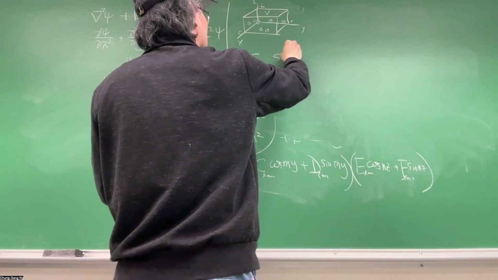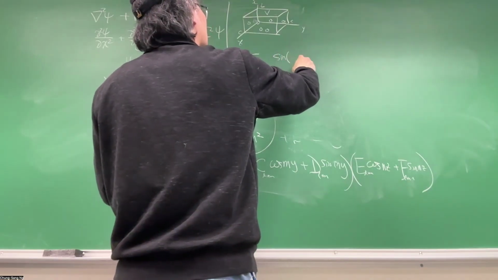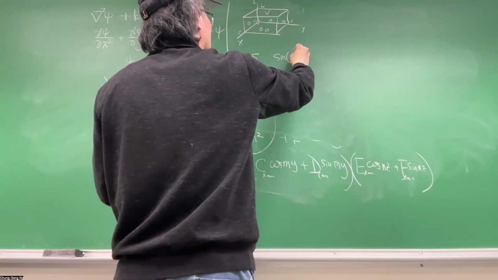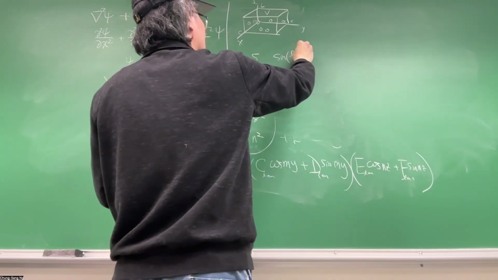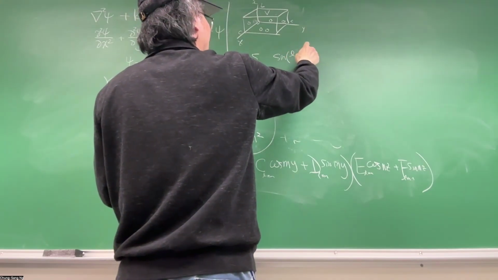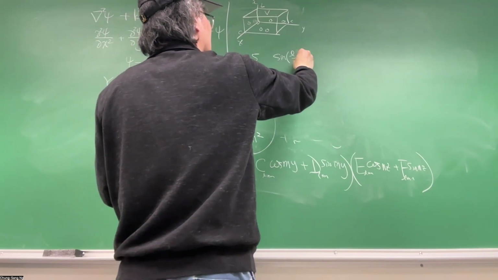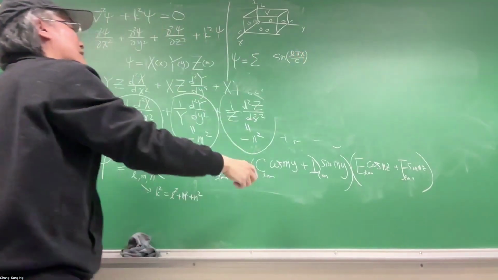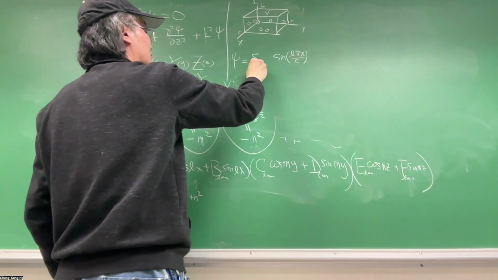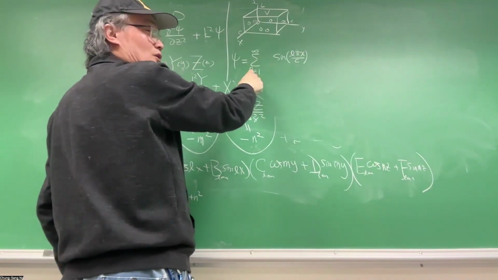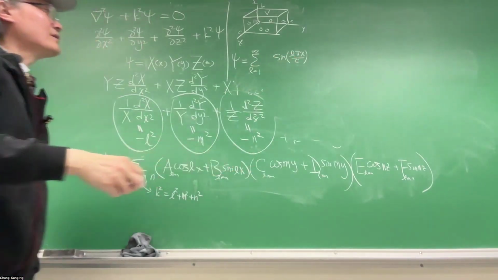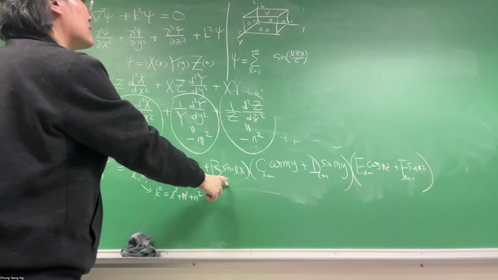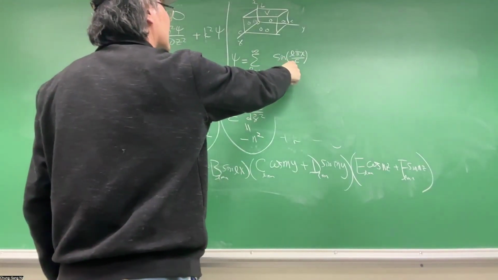And sine of, to satisfy the boundary condition, you want when X equals C, X equals pi, so L pi X over C, so a sum of L from 1 to infinity. You don't include 0 because sine 0 is 0, right?